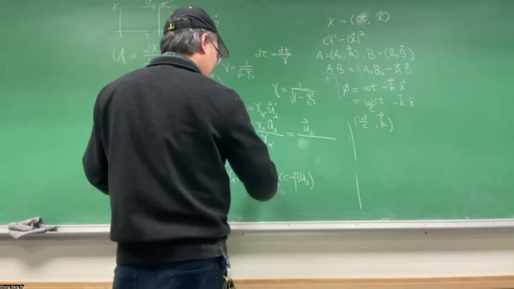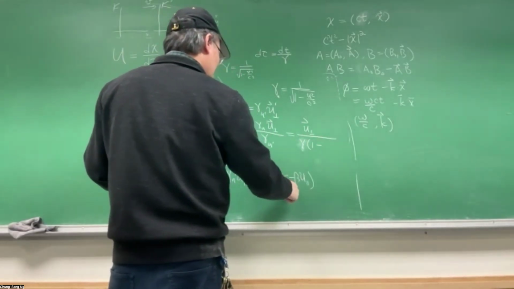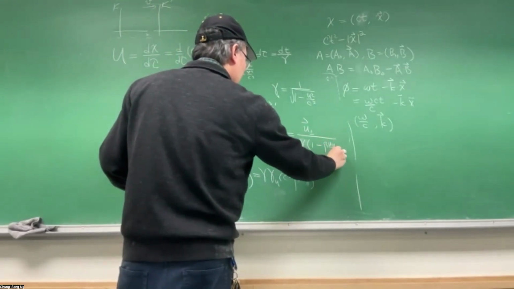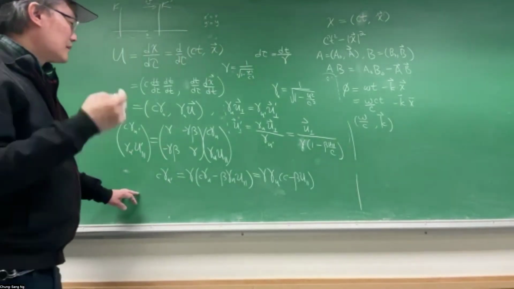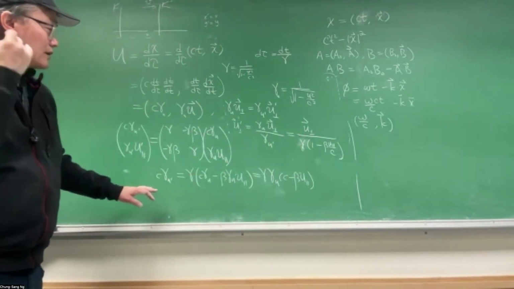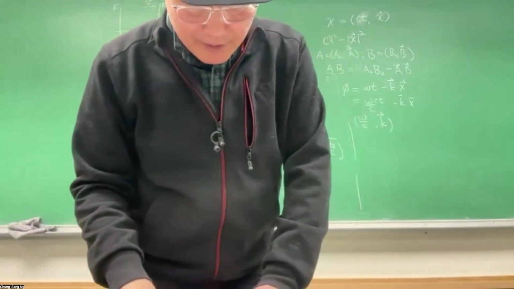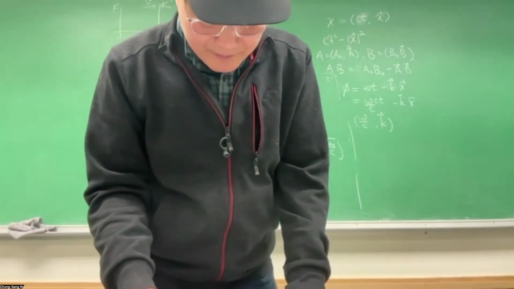Oh, there's a gamma here. Okay, then the right hand side will be all the quantities in the K frame.